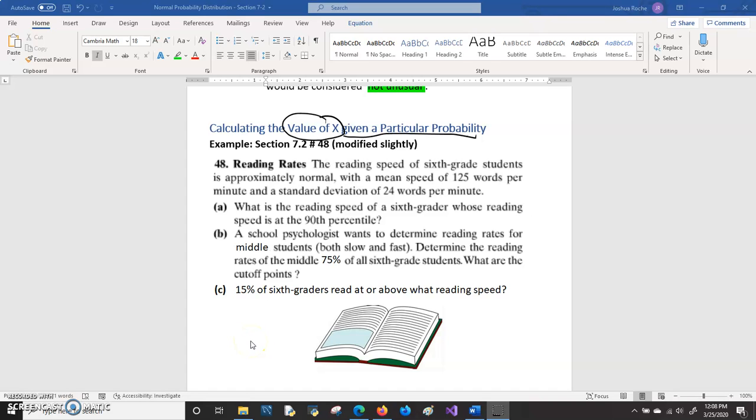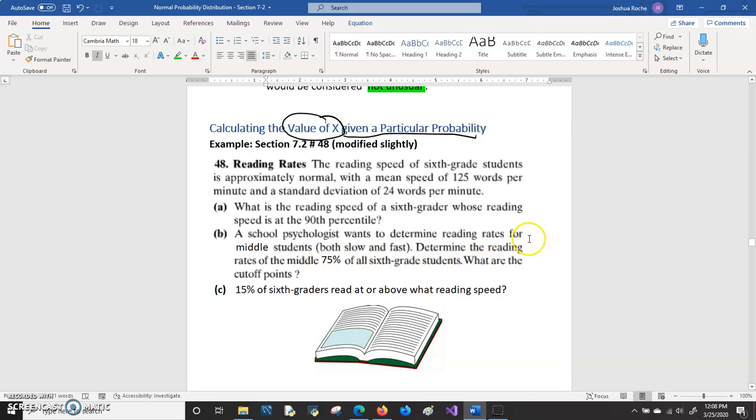Part B of 7.2 number 48 says a school psychologist wants to determine the reading rates for middle students, both fast and slow. Determine the reading rates of the middle 75% of all 6th grade students.